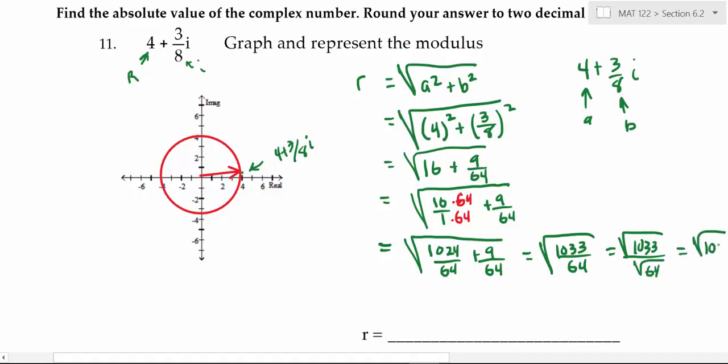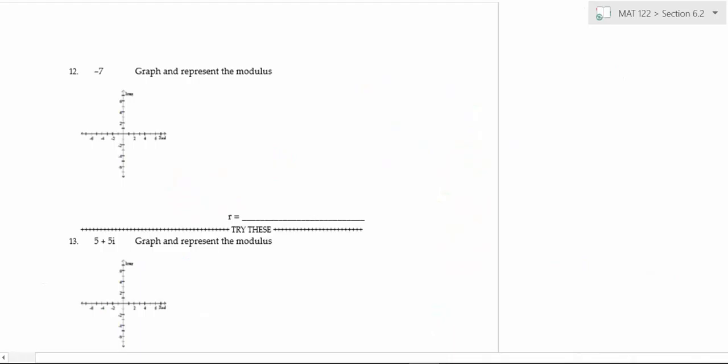So you would end up getting the square root of 1,033 over 8. So r is equal to the square root of 1,033 over 8, and what that represents is the absolute value of that complex number. That would be the idea of what the modulus or absolute value is. Now, that one you have to do some fraction arithmetic on. That one's just a direct application of the Pythagorean theorem.